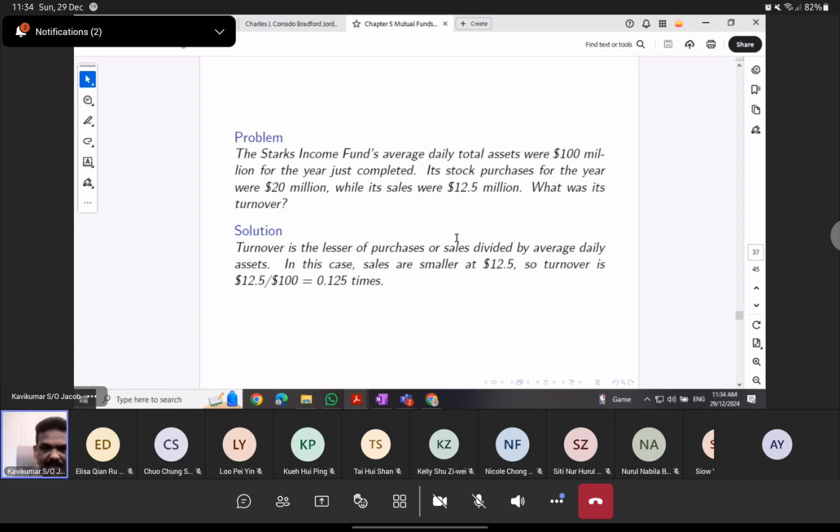Turnover is the lesser of purchases or sales, divided by the average assets. The lesser of sales or purchases is 12.5, so 12.5 divided by 100 million gives 0.125 times. This is the turnover, so it is a very small turnover.